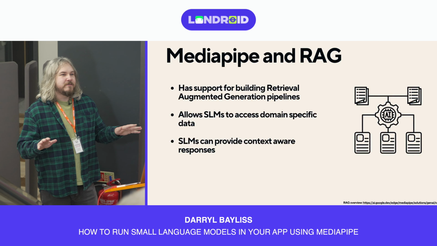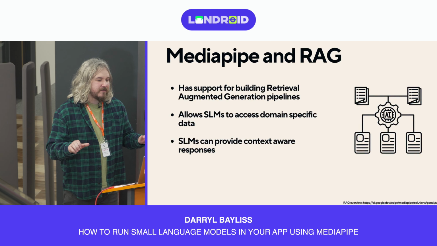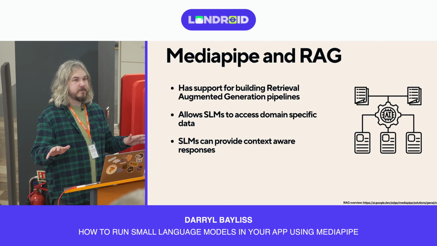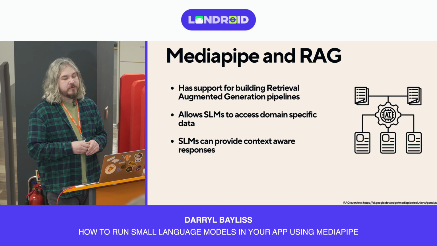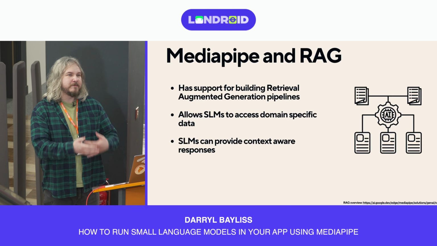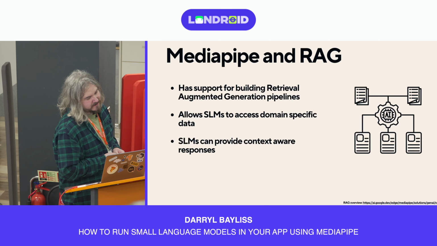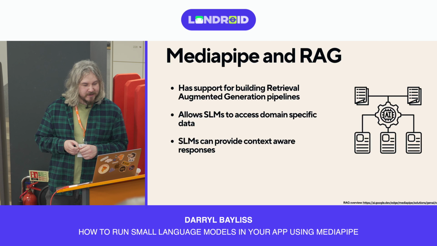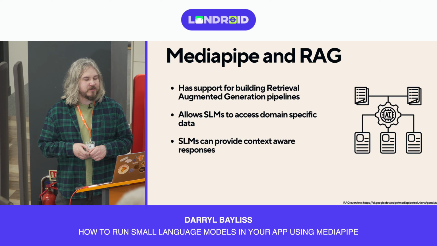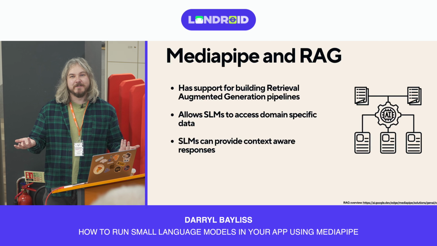Once you've got your model all set up in your app, it's working great. At least you can tell it's working great. You can begin to provide additional information, and the way that you do that is using a very fancy term called retrieval augmented generation.